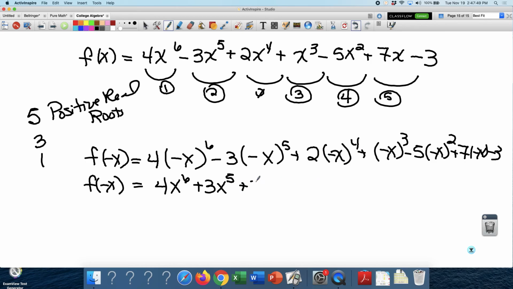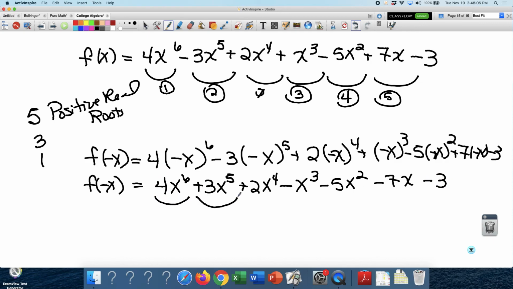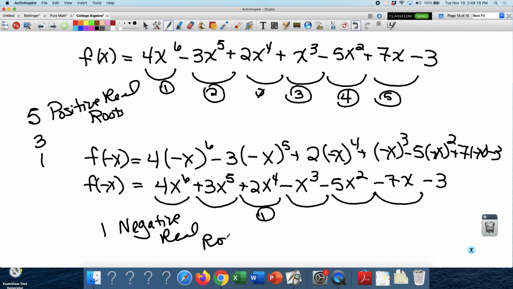That goes positive. That stays negative. That goes positive, but positive times negative is negative. That goes negative. So no sign change, no sign change, 1 sign change, no sign change, no sign change. So I have 1 negative real root. So here I can have 5, 3, or 1, or here I have 1.